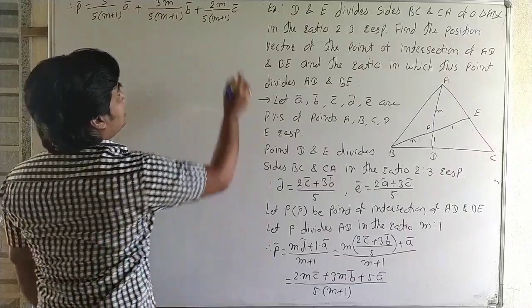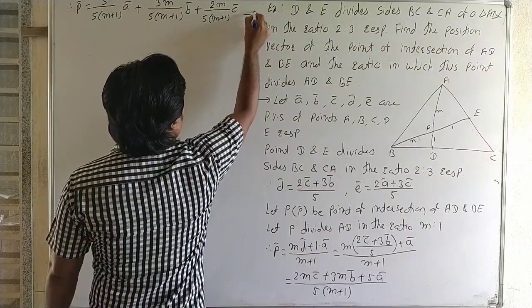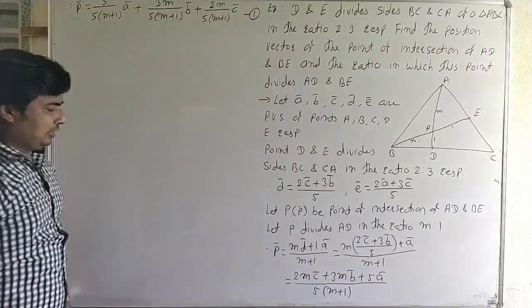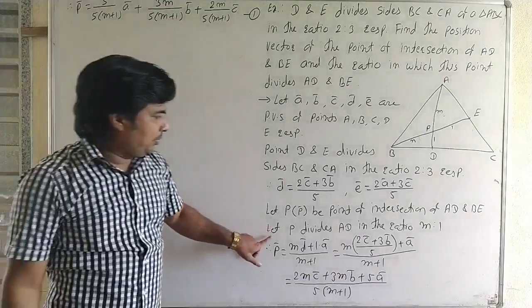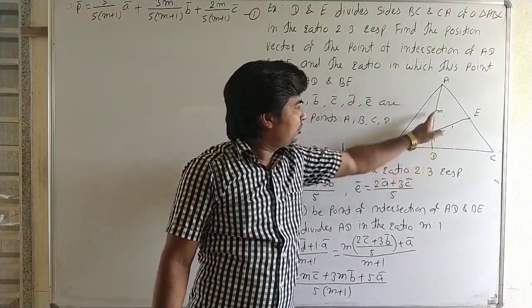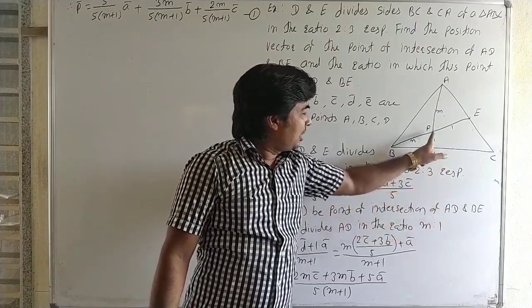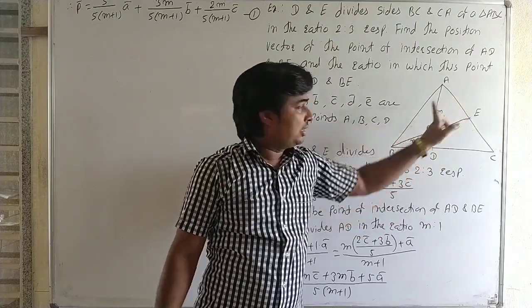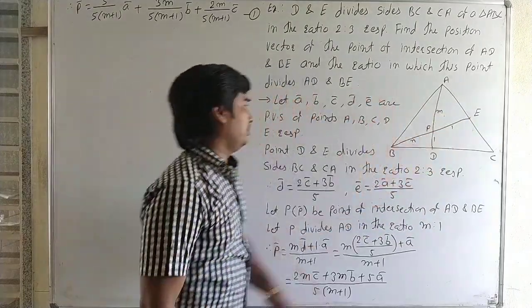This is equation number 1. Now here P divides AD in the ratio m:1. Then again P divides BE in the ratio n:1.